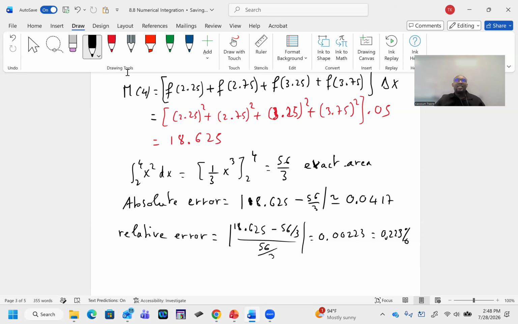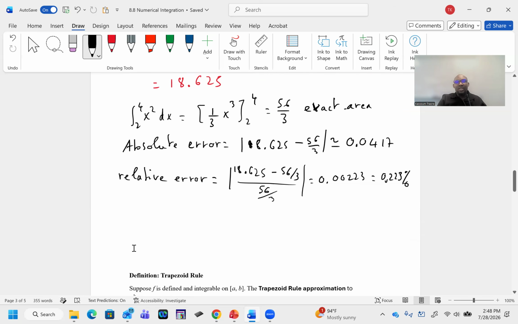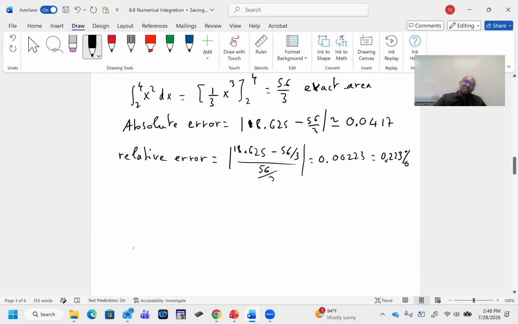I will use exactly the same thing with M of 8. So again, to find M of 8, do not forget A is 2, B is 4, and N is 8.